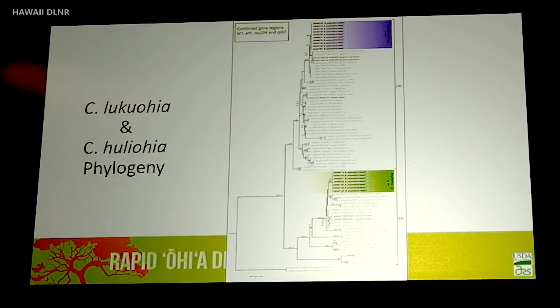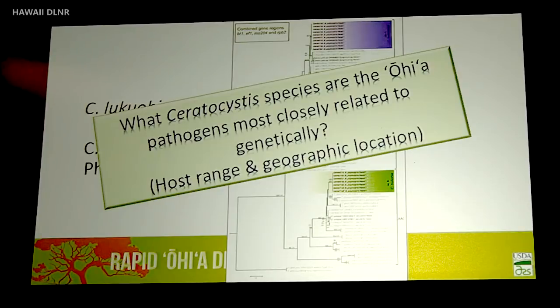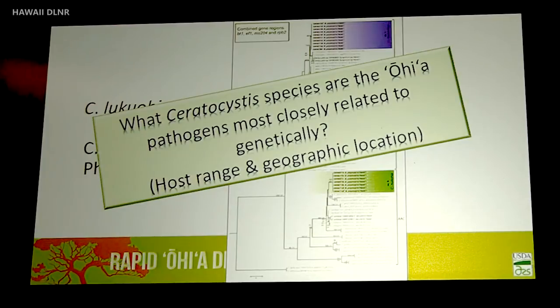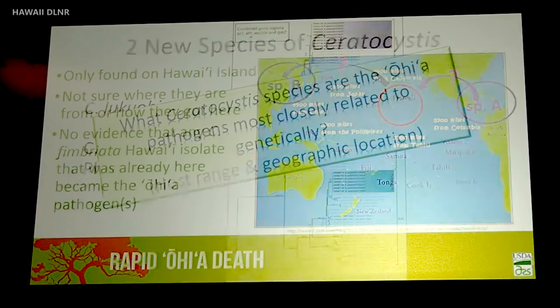I could talk forever. But what's the take-home message? We're trying to figure out what our new species are most genetically related to. And oftentimes this will give you a big clue on the types of hosts, like Ohia or other crops it would infect, and where they're located around the world.